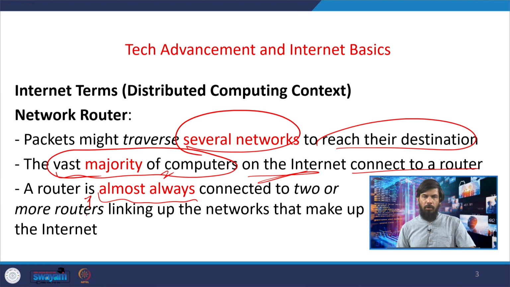Similarly, in practice, a router will almost always be connected to two or more other routers, and that is how the network gets created. The packets could be relayed, and the communication can happen through protocols like TCP and IP, right.